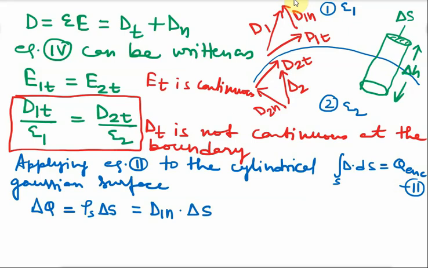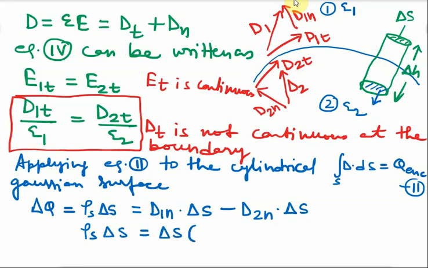For the bottom surface, the D lies in this direction, along D2n, but the direction is opposite, so we write minus D2n dot del s.